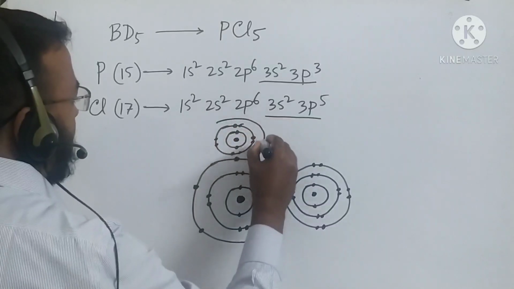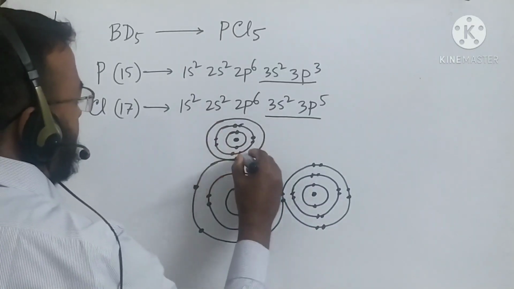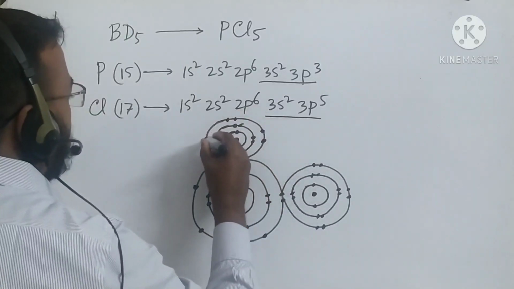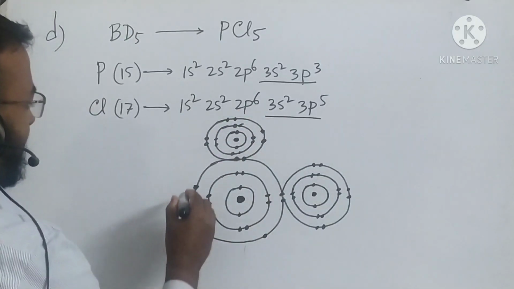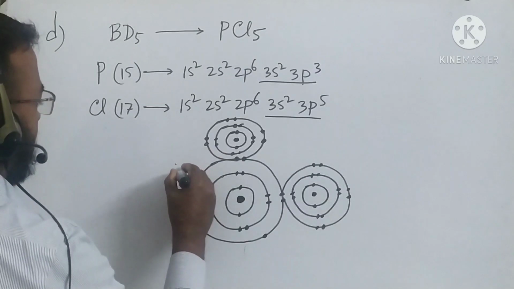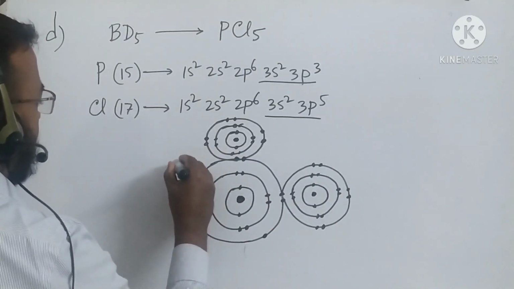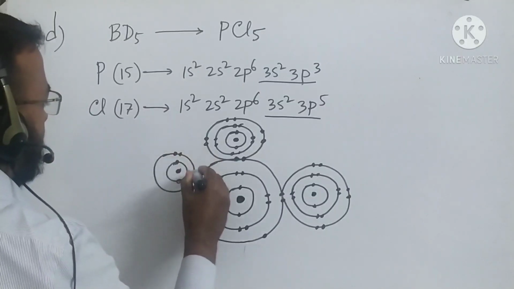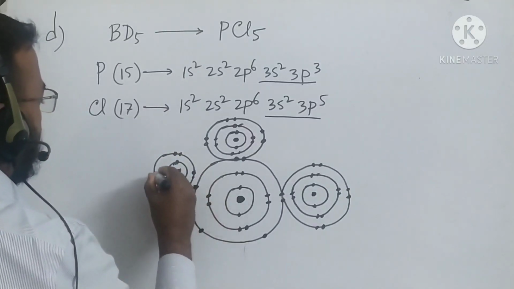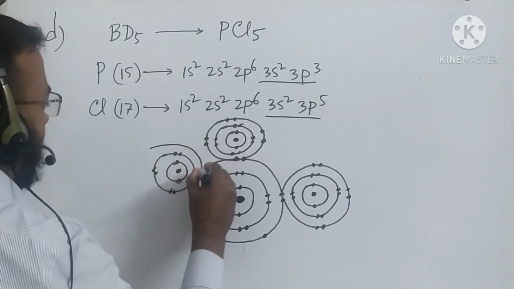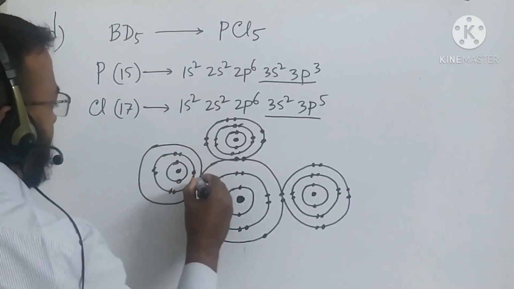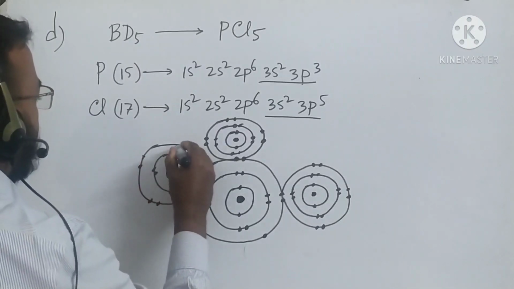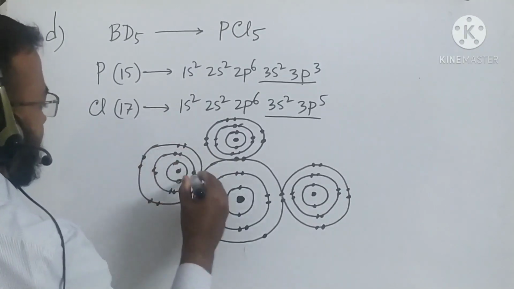Now the third energy level will share 1 electron, so it becomes 8. Here is another chlorine: first energy level 2 electrons, second energy level 8 electrons. The third energy level will share one electron. Now the octet is fulfilled.